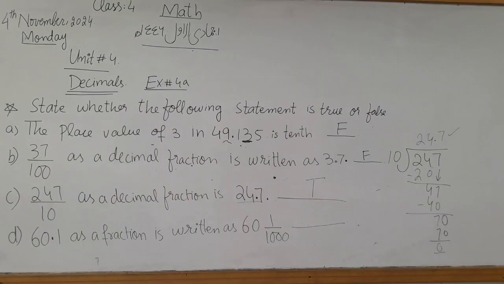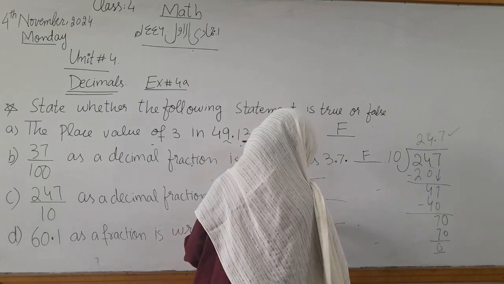So tell me class, in D part, is 60.1 as a fraction written as 60 whole number 1 by 1000? False. This is false.